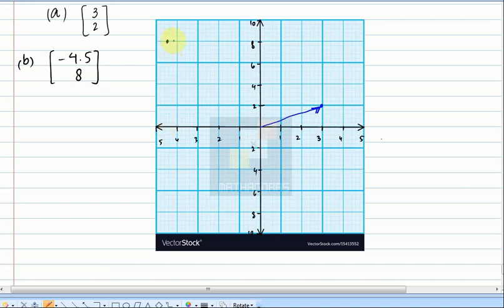So the column vector will be, that is my vector, this one, right? On the x-axis it's minus 4.5 and on the y-axis it's 8. After that, start part C, minus 5 and 7. Do it.